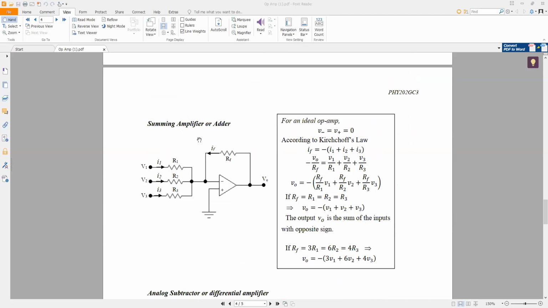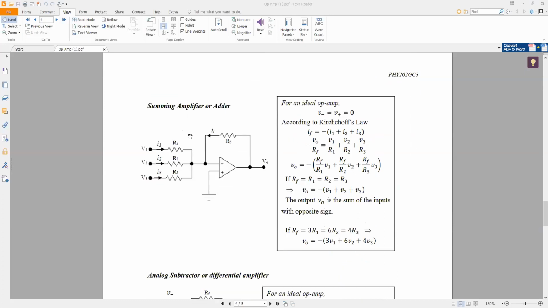Now let's go for the summing amplifier or adder circuit. So here you can see the circuit. There are V1, V2, V3, R1, R2, R3, RF, and V out, right? Let's see how we can solve this circuit.